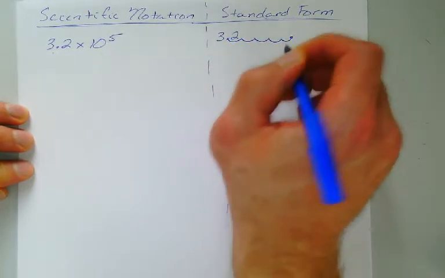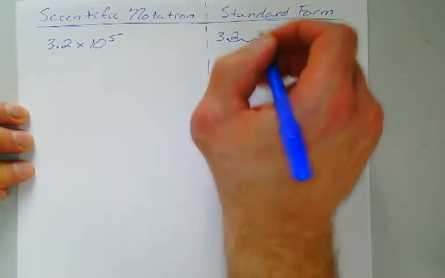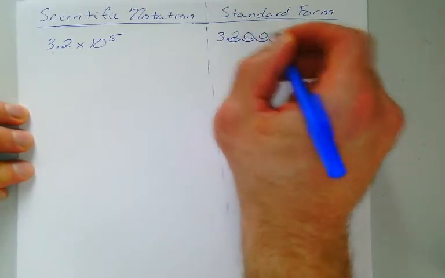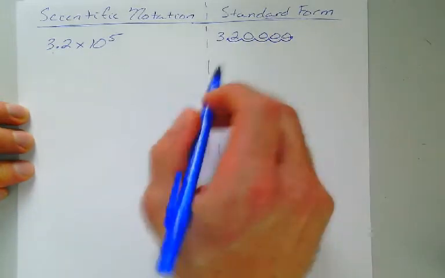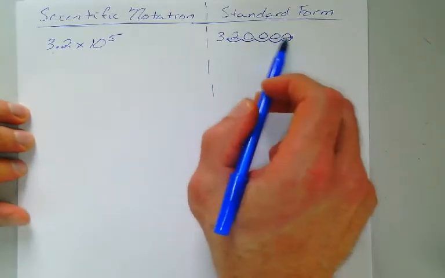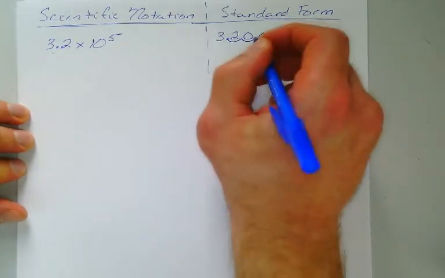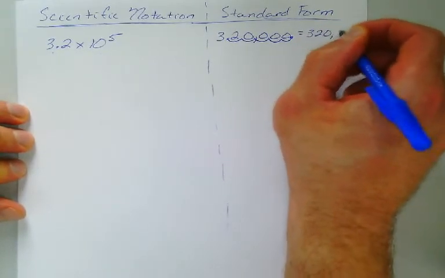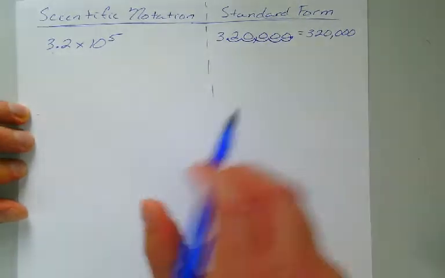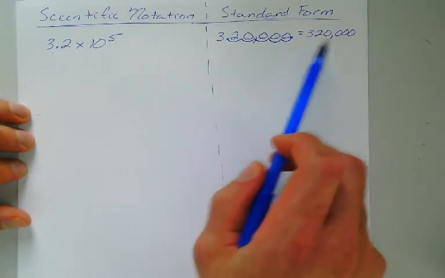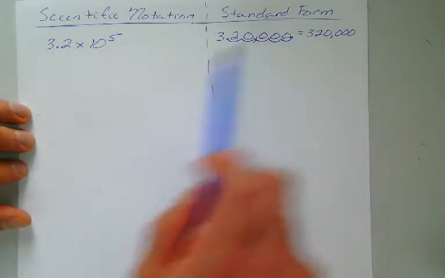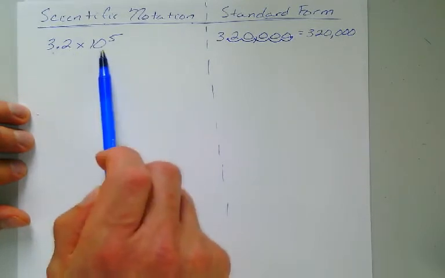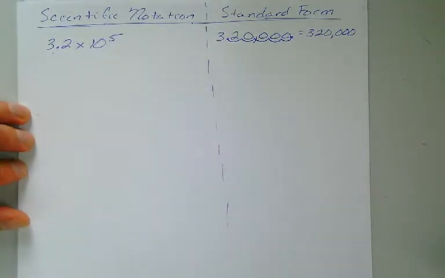Here's my new decimal point. I'm going to fill in the blanks with zeros. 0, 0, 0, 0. Then I'm going to clean it up a little bit and put a comma here. So this is the same as saying 320,000 in standard form. So 320,000 in standard form versus 3.2 times 10 to the 5th in scientific notation. They are the same exact number.